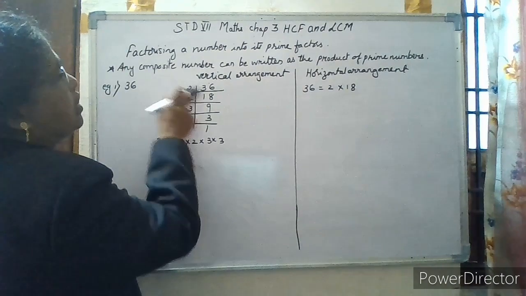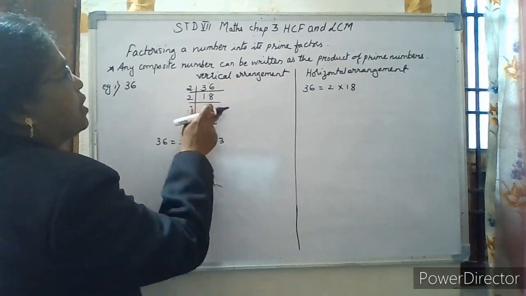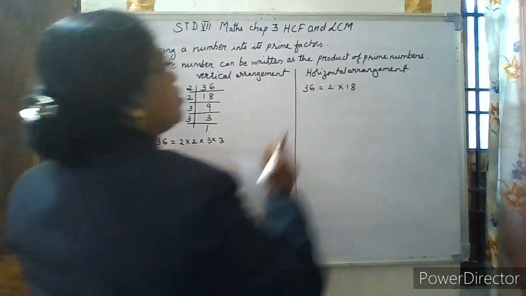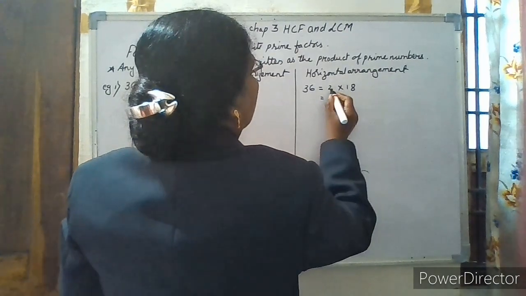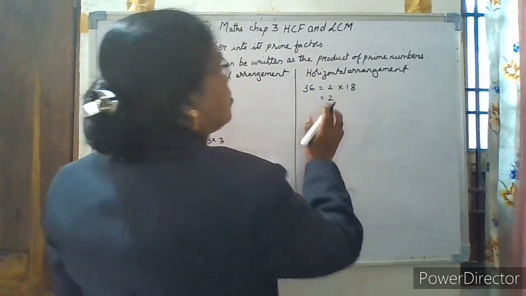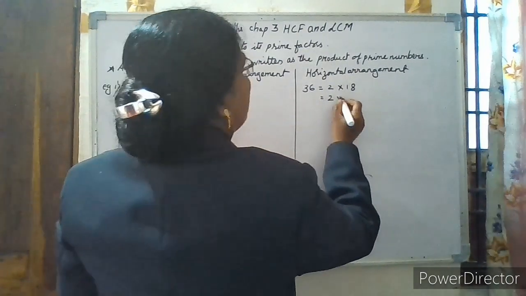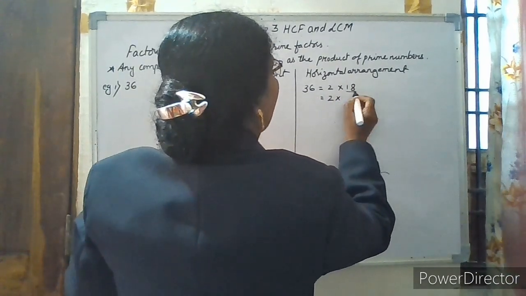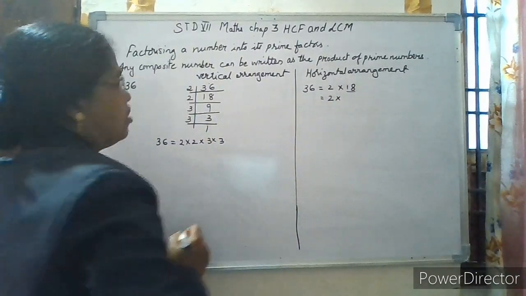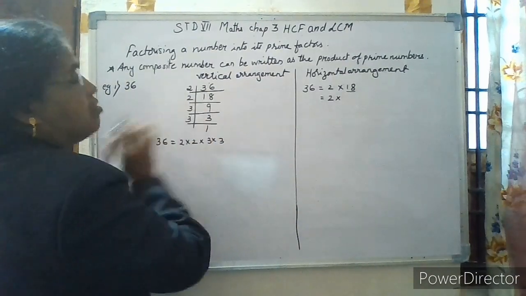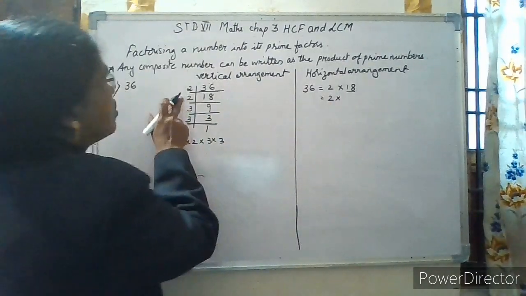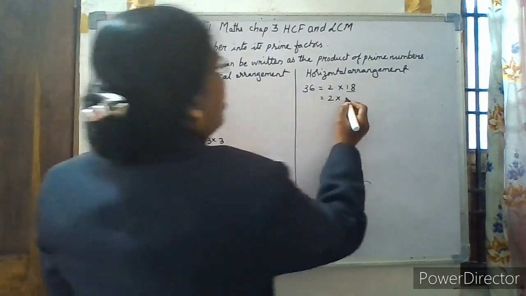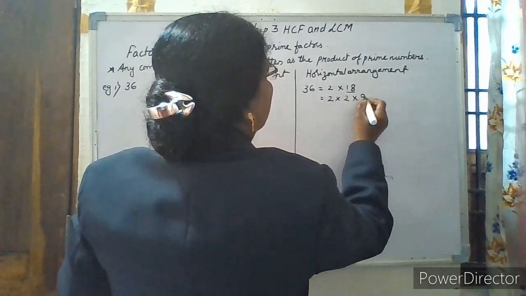From here only we can take crossways. 2 18s are 36. Now this 2, you will write it as it is because it is a prime number, into, now factorize this 18. 2 9s is 18. From here crossways 2 9s are 18.